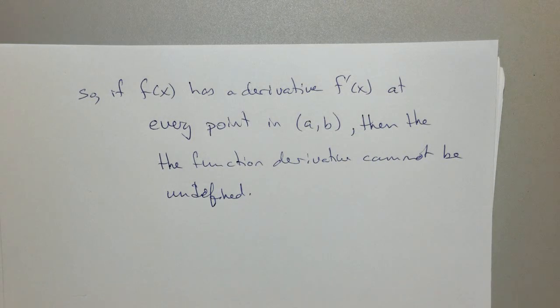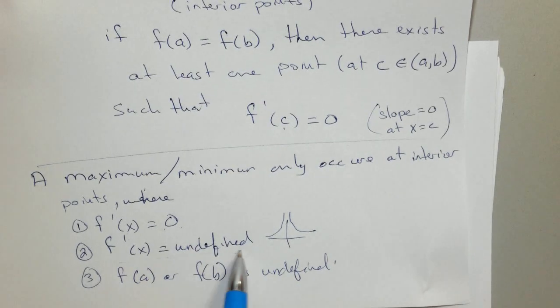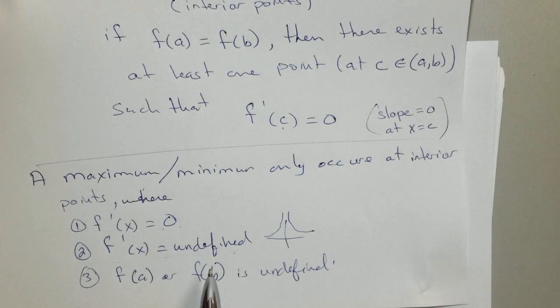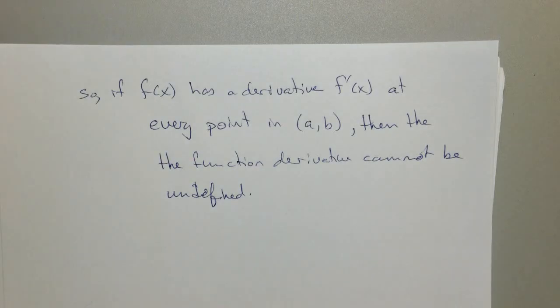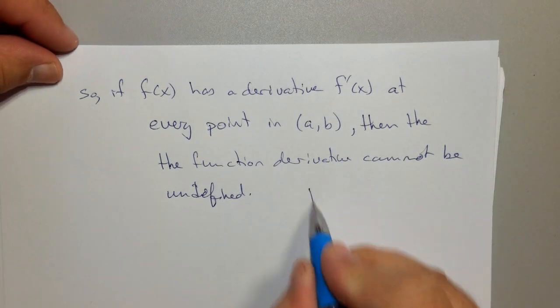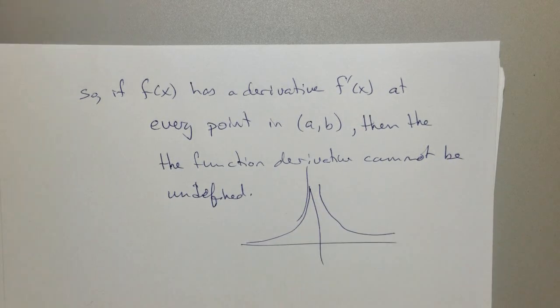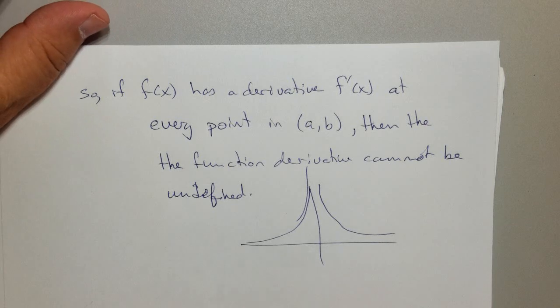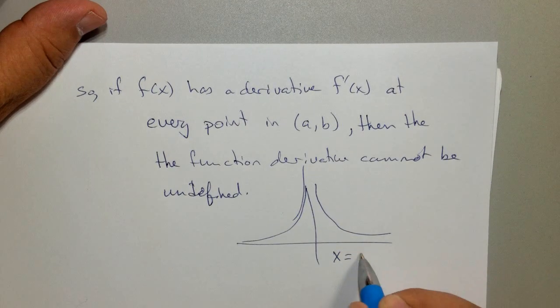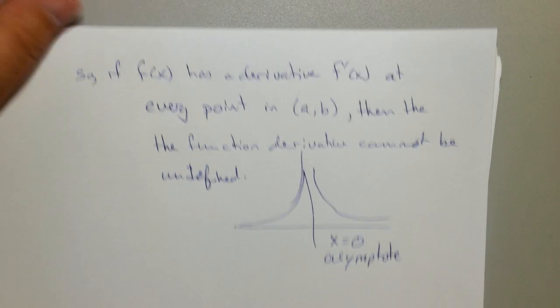So if a function is continuous and it has a derivative at every point inside the open interval, then this one cannot exist. Why? Let's look at the absolute value function. It has an asymptote at x equals 0.